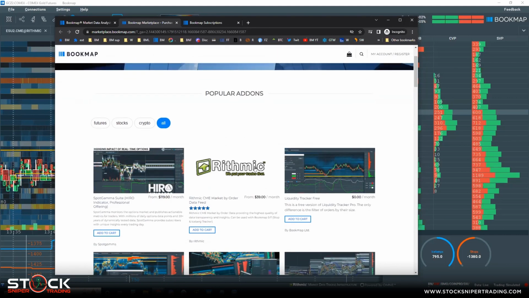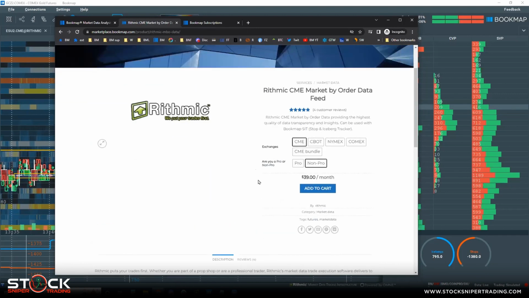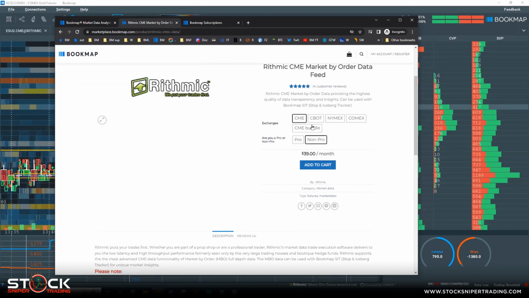So that's what this is all about in here. And you can get Rhythmic data here from Rhythmic. We're just the in-between salesman here. And the different packages in here for Rhythmic, if you just get CME data, that would be for the stock indexes that we've been looking at, and also the currency futures.